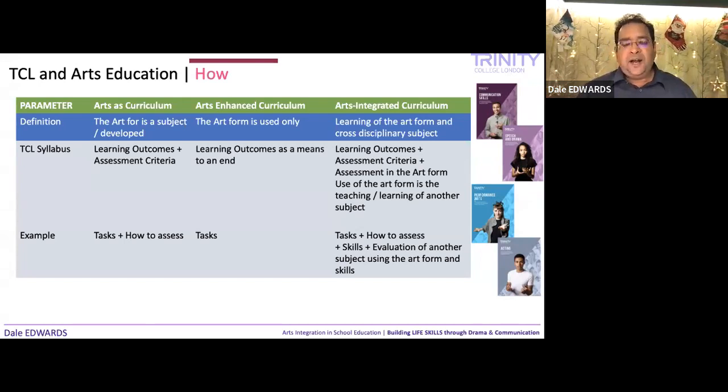So I hope that's quite clear, and I think it should be, but like I said, I'd be happy to take questions in about 15 minutes from now, which leaves me with just giving you the touch points of how a Trinity syllabus can help you, no matter which sphere of arts education you're looking at.